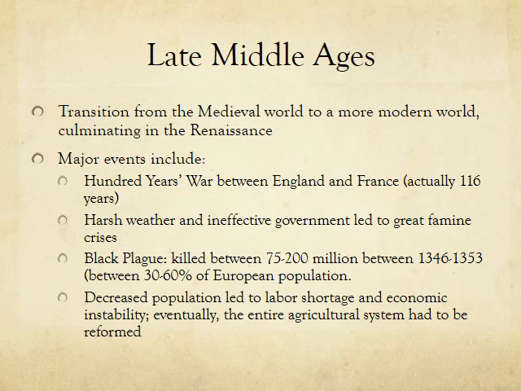The late Middle Ages contains a lot of kind of cataclysmic events. These really disastrous events, big, huge, kind of global or international tragedies. The 100 Years' War between England and France, which is actually longer than 100 years.